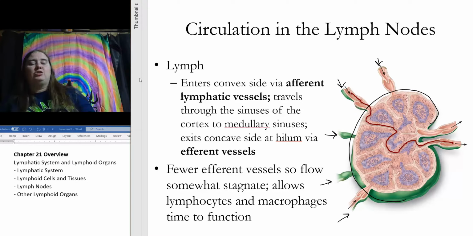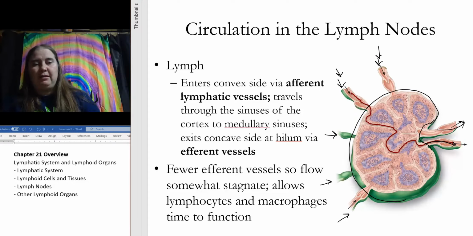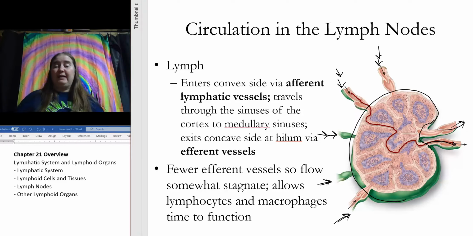As all this lymph enters into this lymph node, if you look at where the lymph is leaving, you have this area here with only two vessels leaving. What that means is all this fluid coming in is going to build up, or get backlogged in this lymph node, and form a kind of stagnant buildup.